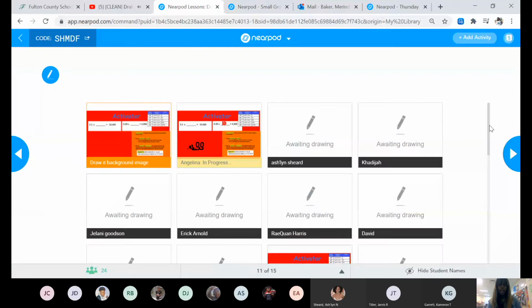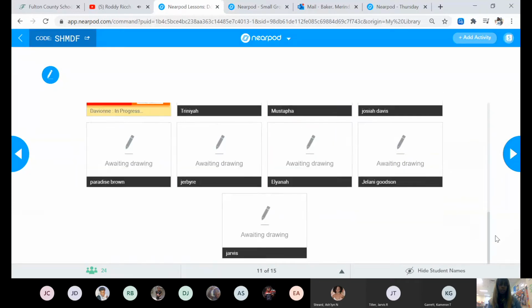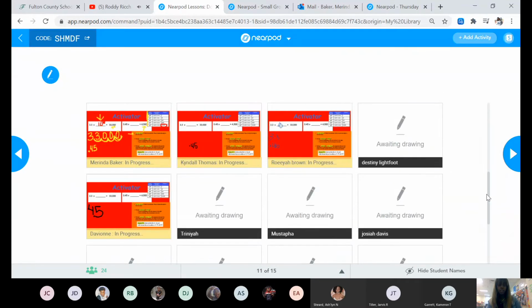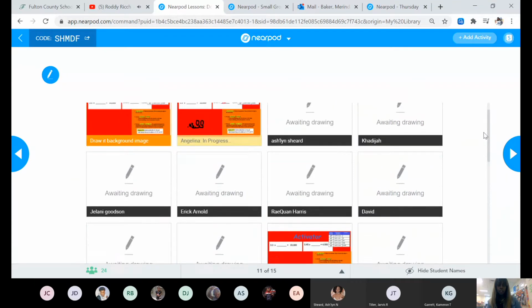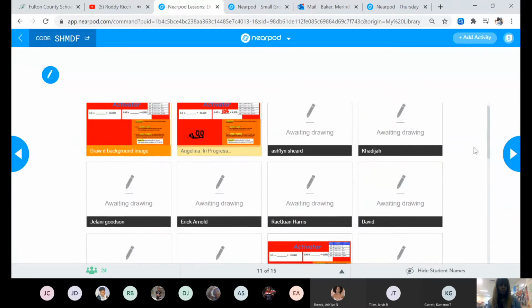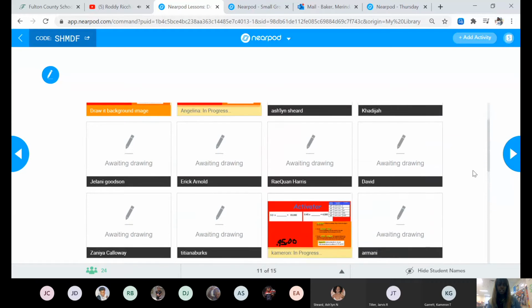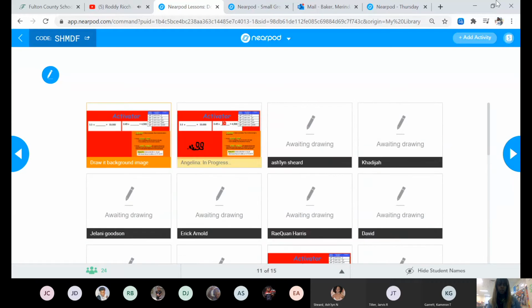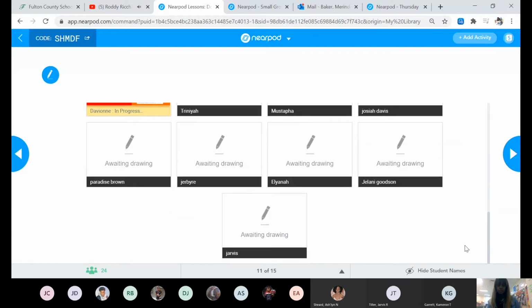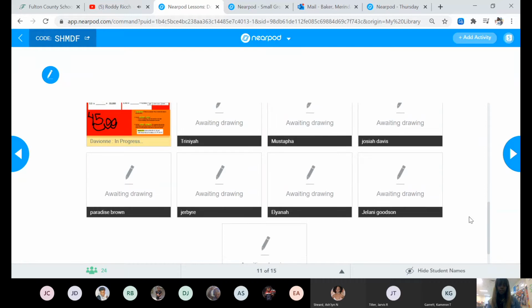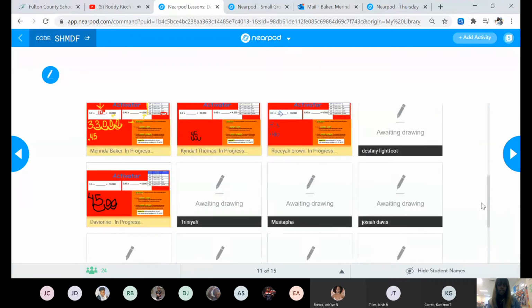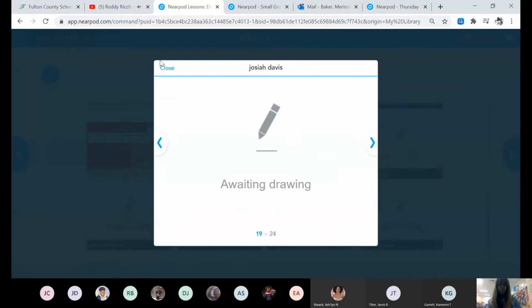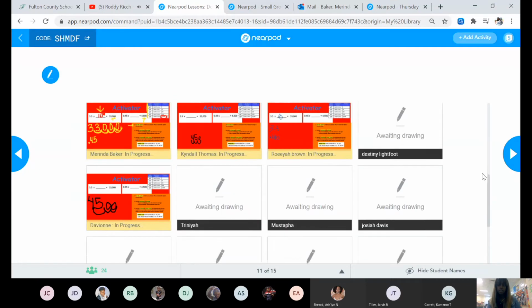Let's go. Ashlyn, Raekwon, let's go. Thank you, Davion. Thank you, Roia. Thank you, Kendall, for already getting started. Thank you, Cameron. Good job, Cameron, for already getting started. Angelina, good job. Let's go, Jarvis. Jabari, come on. Paradise, Josiah. Some of y'all, I'm not seeing it. Let's go.